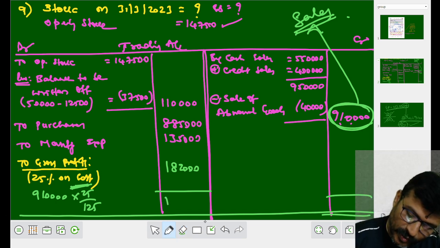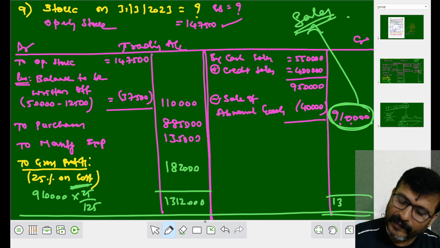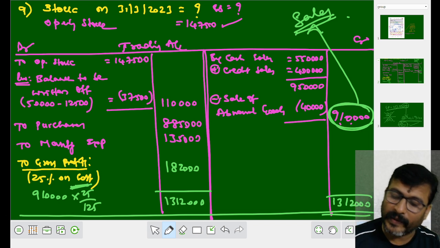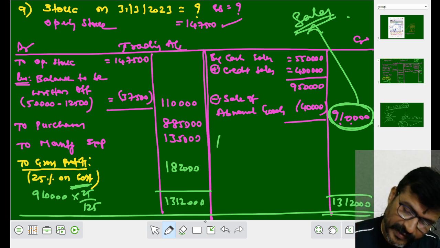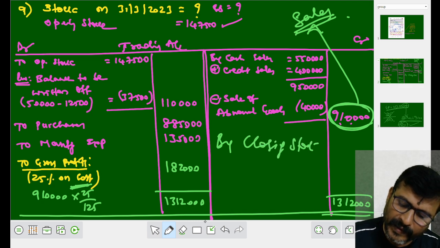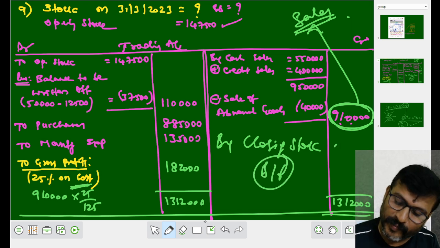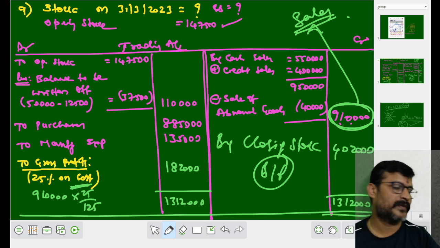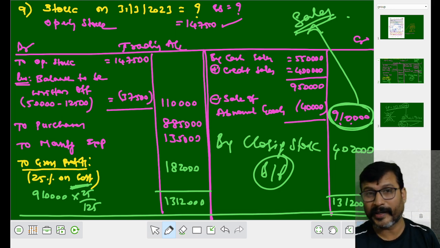The total comes to rupees 13 lakh 12,000. What is the difference? That difference is called, my dear students, the closing stock or inventory. It is rupees 4,02,000. I hope you got it right.